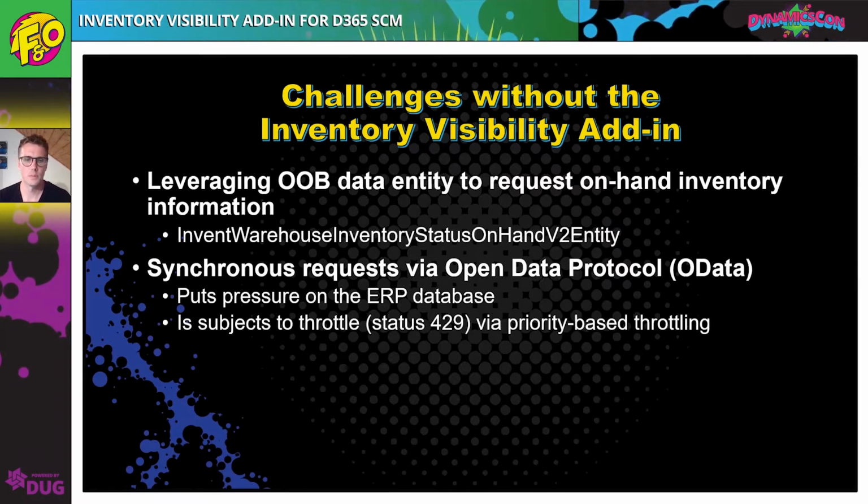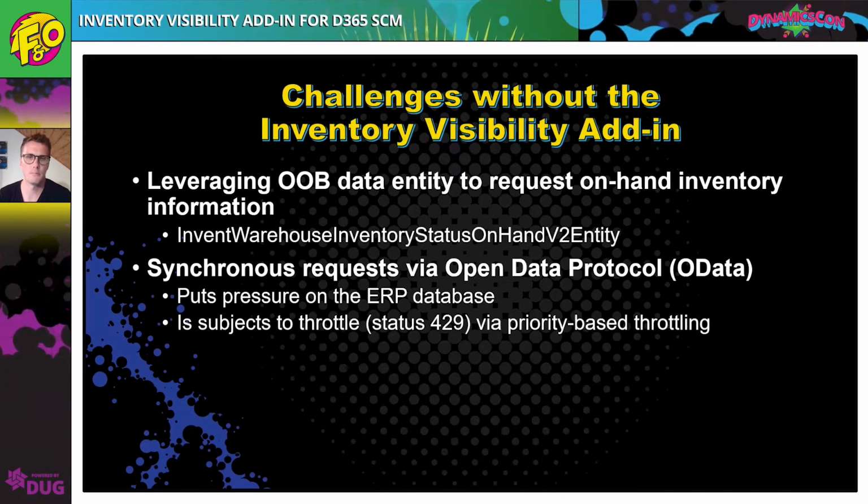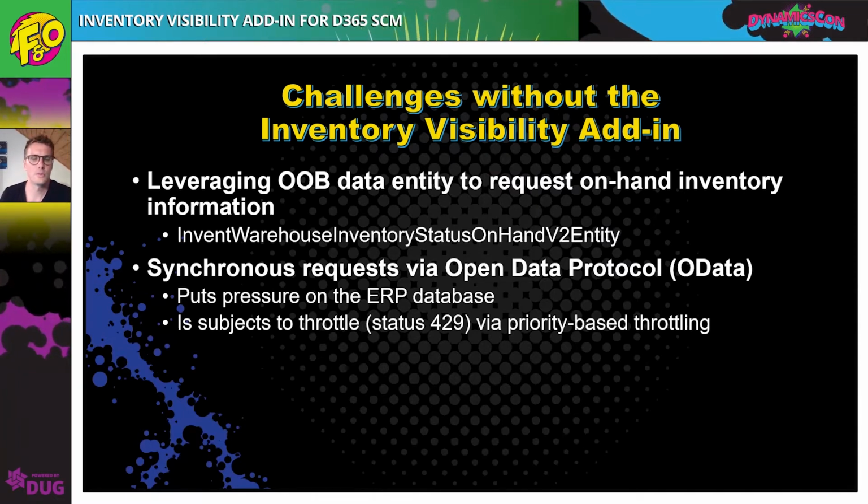Also, the problem with OData is that it is subject to throttle. So if you put too much pressure, the client will see an HTTP status 429, which will mean the pressure is too high on the ERP side, and you should try again after some seconds or maybe also minutes. So this one is the problem of synchronous integration to the ERP system or the ERP database.